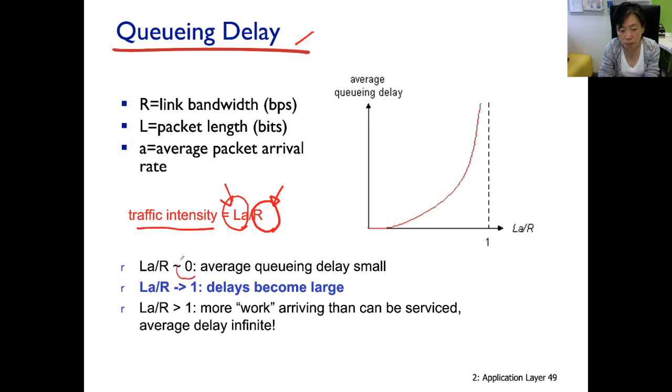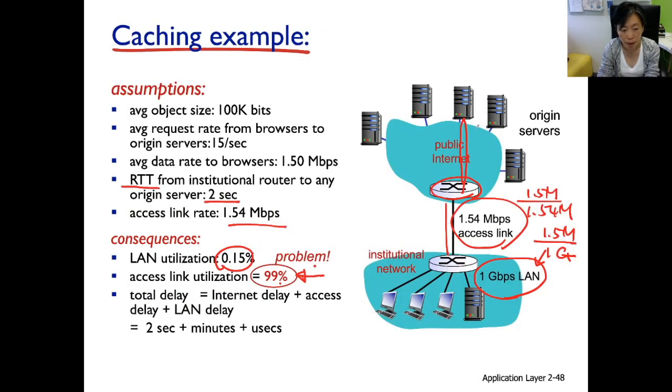When this is very small, queuing delay is also very small. As it approaches 1, delay becomes large. When it exceeds 1, delay is approaching infinity up here. All right. So close to 1, close to 100%, delay is just very long. Okay. Let's come back here.